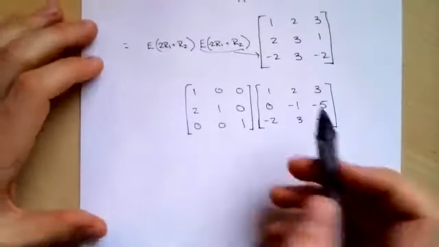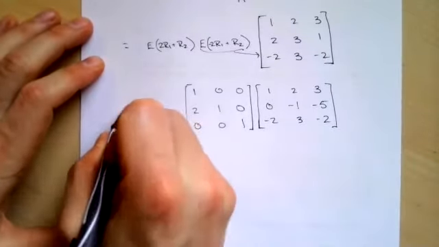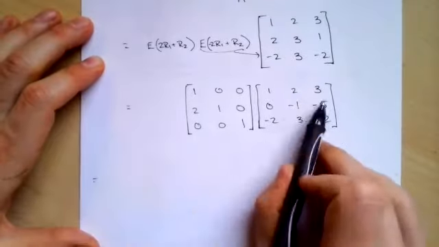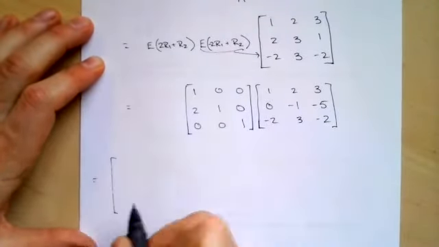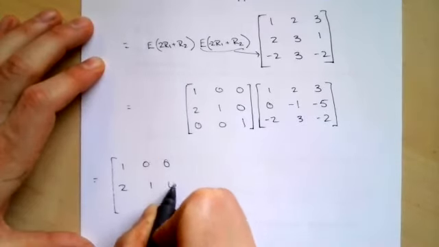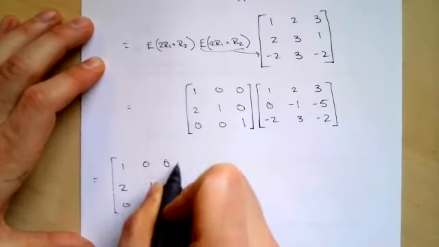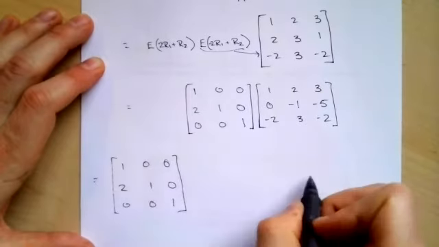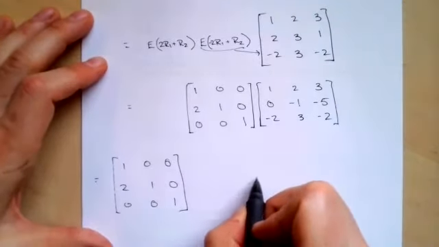So now what we want to do is keep going with row operations here. So what do we want to do?